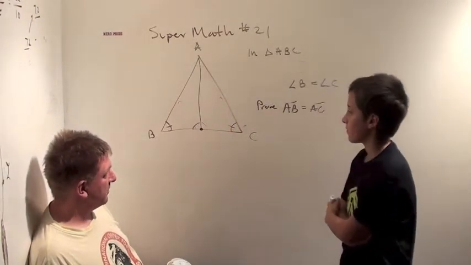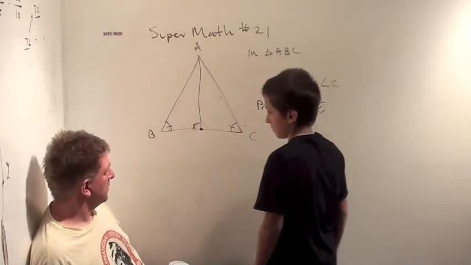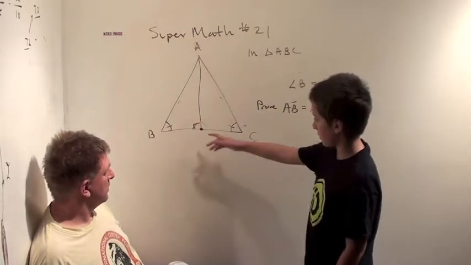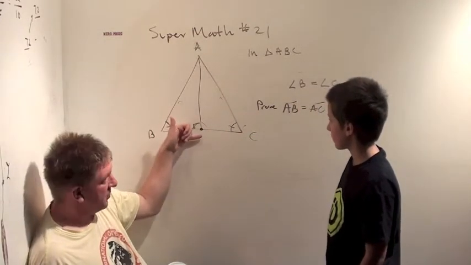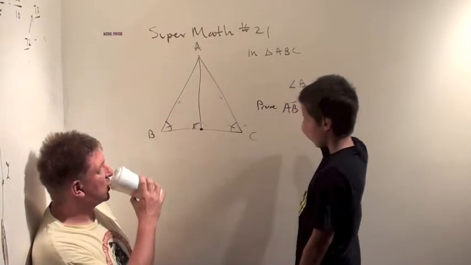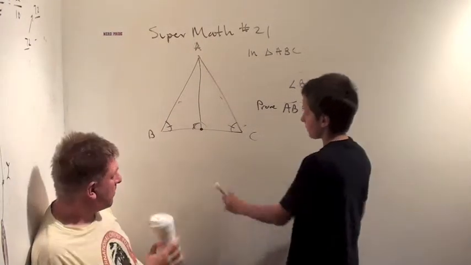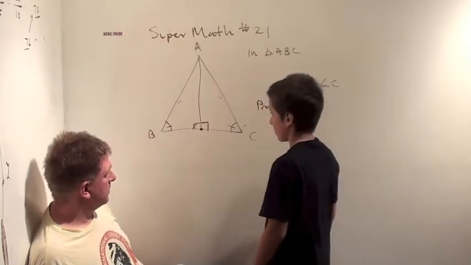That's the problem. So let's make it perpendicular. We can make it perpendicular to this line. So from a point, we can draw a perpendicular. What happens now? Well, we have two angles. This one's also 90.